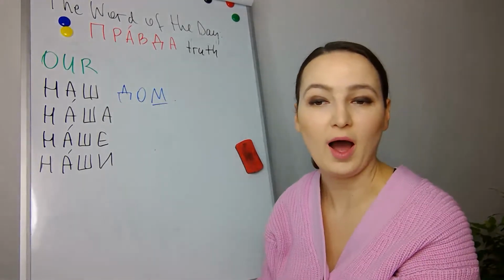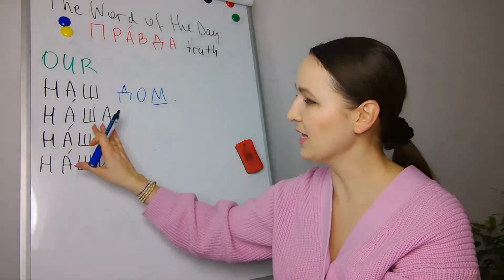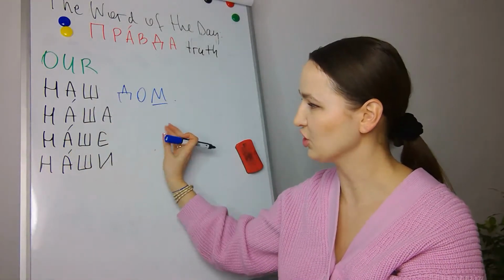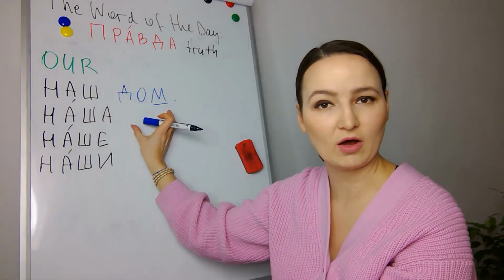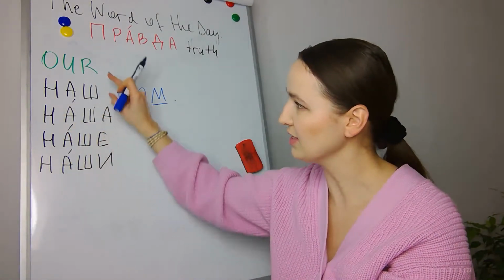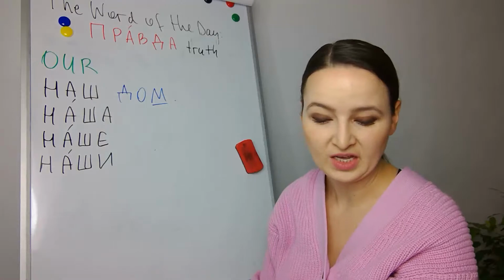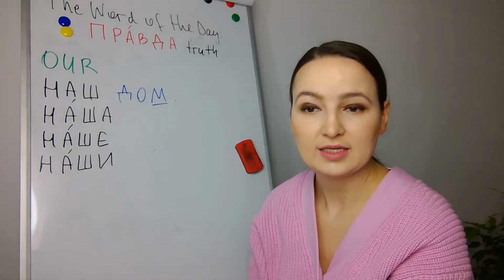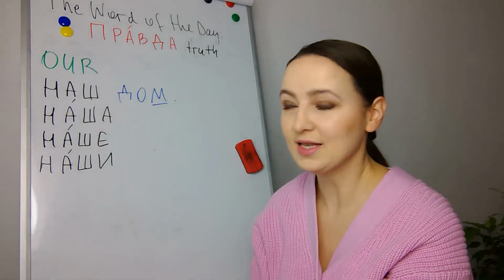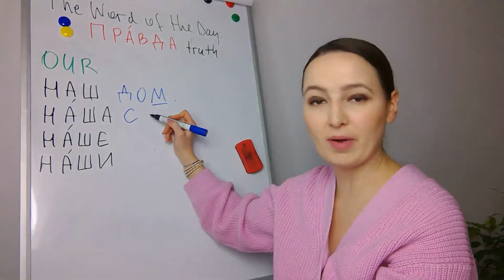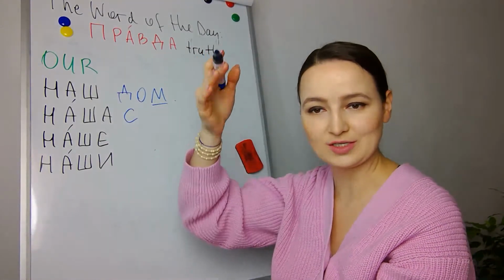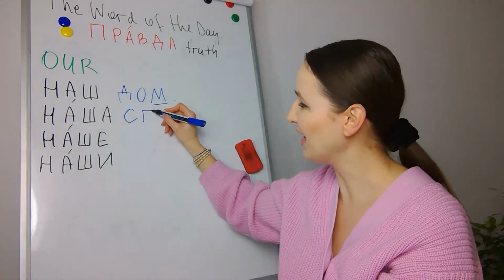Наш дом, our house. Наша should be followed by a noun in feminine because наша is our in feminine. Наша спальня. For example, what is спальня? Do you know this word? Translate it in comments. Спальня.